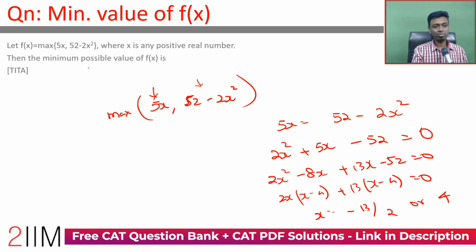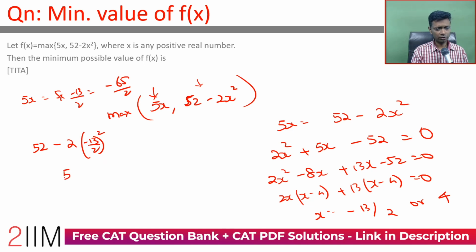So let's put x as minus 13 by 2. 5 times x is 5 into minus 13 by 2, which is minus 65 by 2. 52 minus 2 times minus 13 by 2 the whole square, or this is 52 minus 2 into 169 by 4. 52 minus 169 by 2, that should be minus 65 by 2.